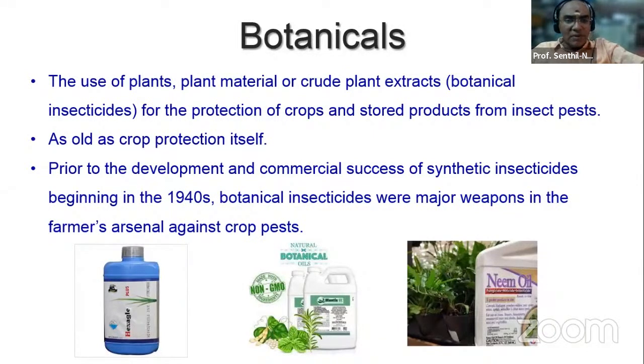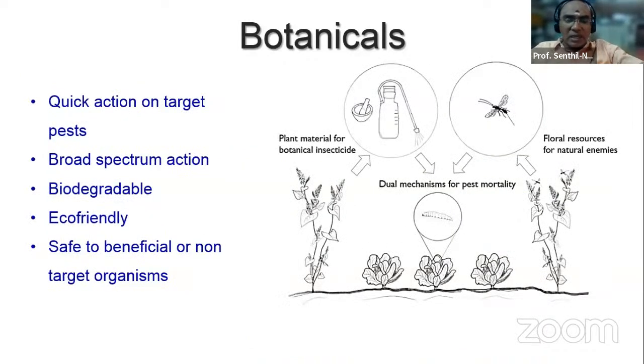Prior to the development and commercial success of synthetic insecticides, beginning in the 1940s, botanical insecticides were major weapons in the farmers' arsenal against crop pests. So the golden time should come back right now. The positive points of botanicals are quick action on target pests, broad spectrum of action, that means multiple modes of action, biodegradable, and ecologically acceptable.